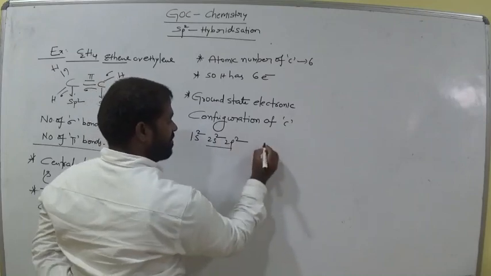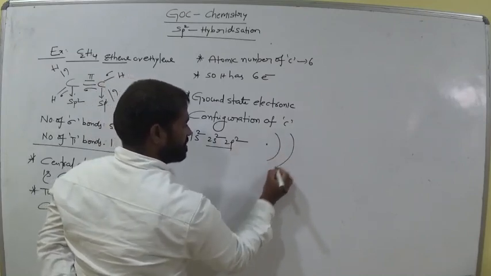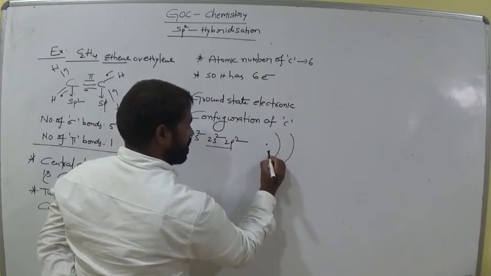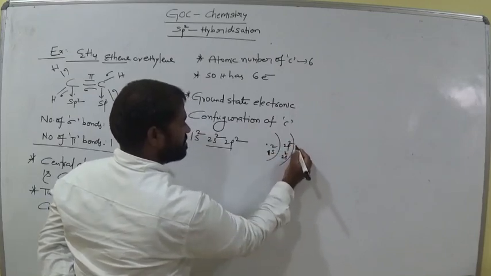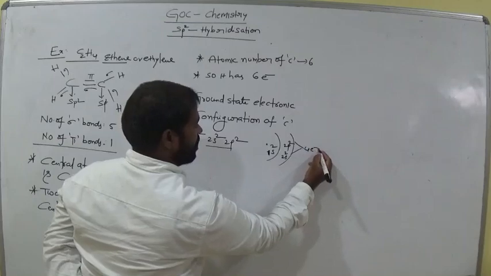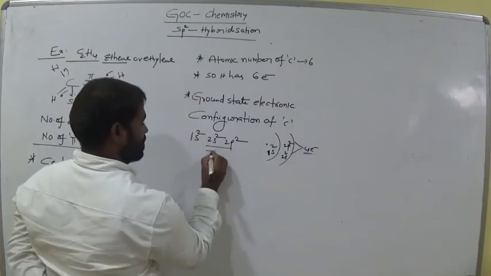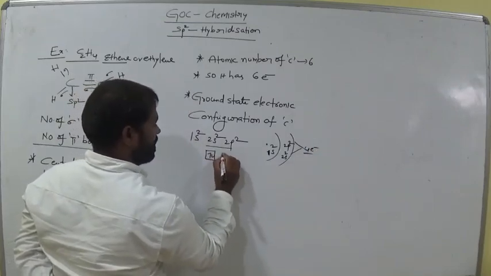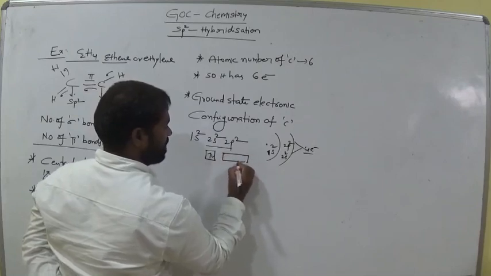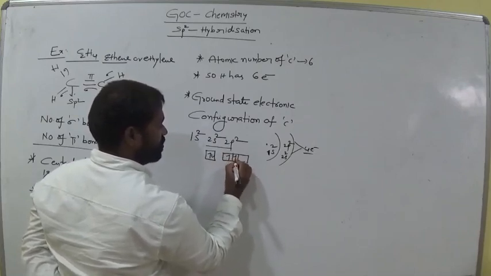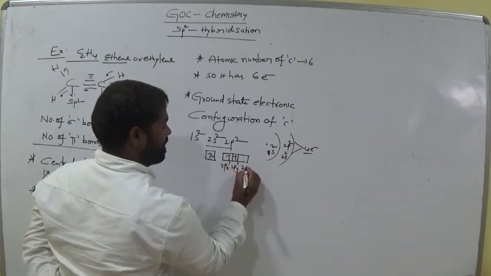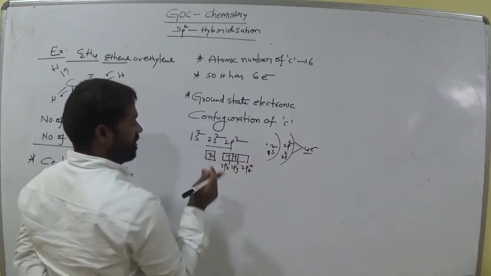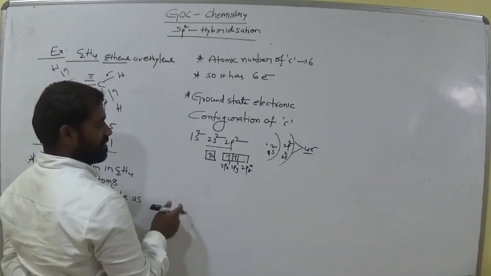In the valence shell means first shell, second shell. In the valence shell, how many electrons does it consist of? 4 electrons. So in the 2s it is 2. In the 2p, we have 3 sub-orbitals. Am I right? This is 2px1, 2py1. There is no electron in 2pz. 0 it is. Clear?